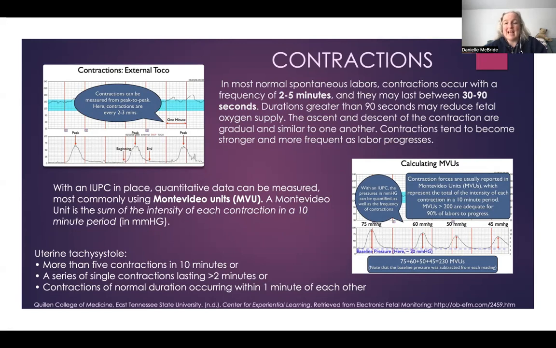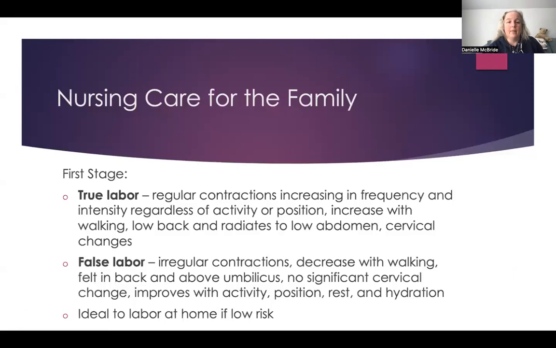We call that uterine tachysystole. Tachy is fast and systole is contraction. For that, I need to try to slow it down. If she's on Pitocin, I would be turning it off. It would depend on the circumstance, but remember that all of those things have the potential to cause hypoxia for the baby.